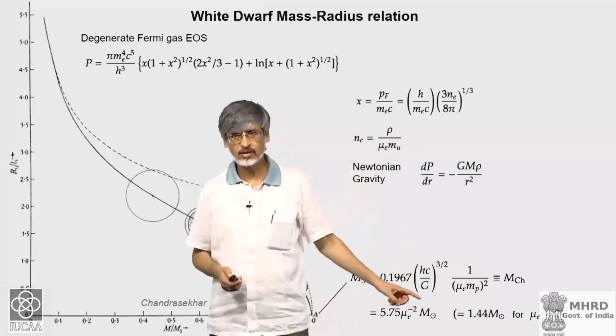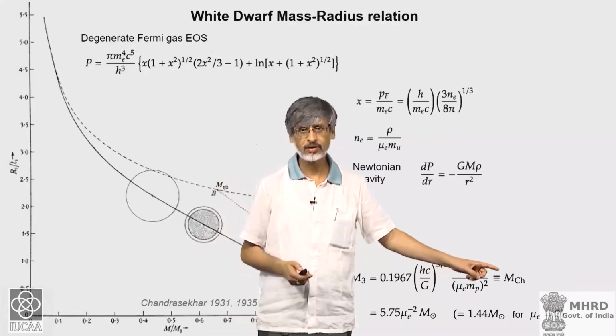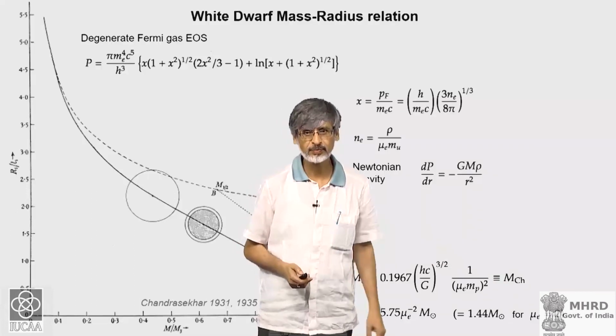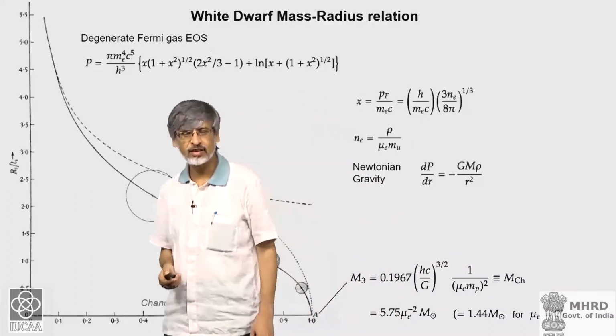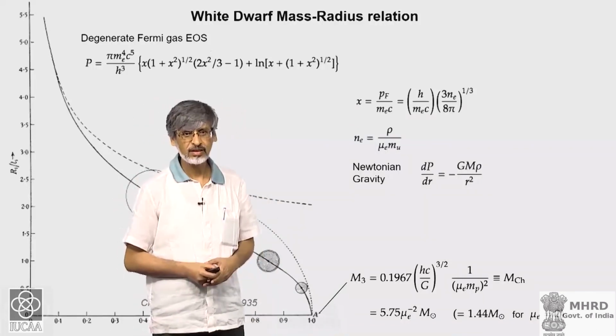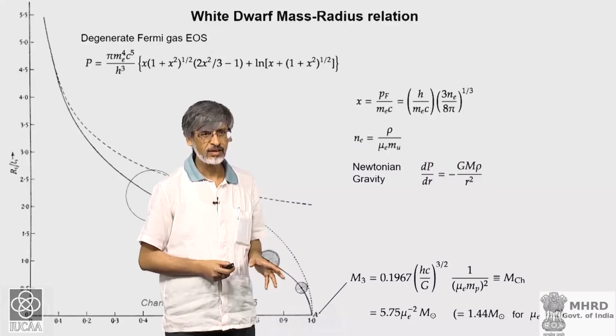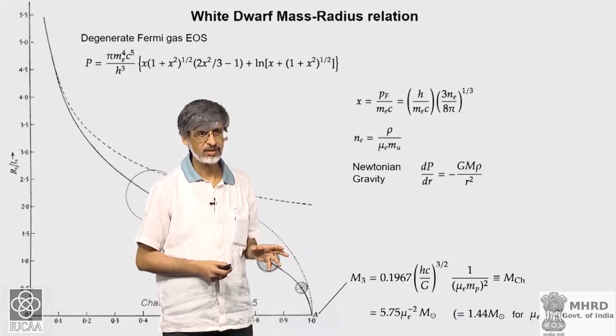This quantity is called the Chandrasekhar limit. It is important to see that the Chandrasekhar limiting mass is expressed in terms only of fundamental constants and nothing else.